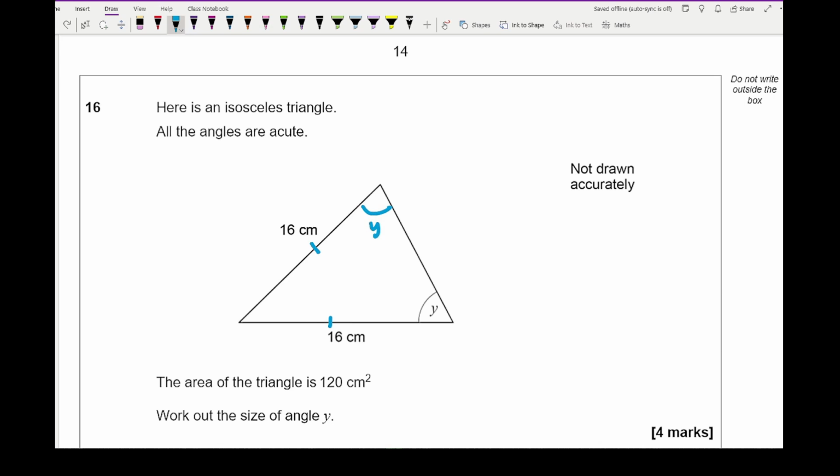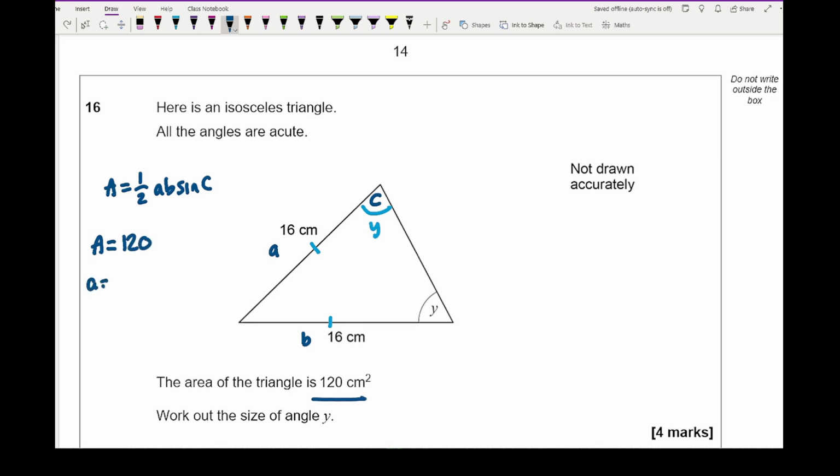And then from this, we can work out, using the area is equal to a half ab sine C. Now if I label this as angle C, then this means that that's going to be a and that's going to be b. And we know that the area of the triangle, as stated in the question, is 120.